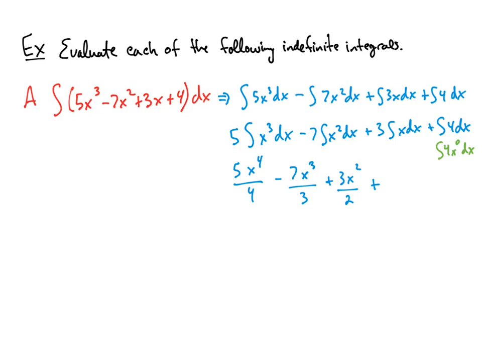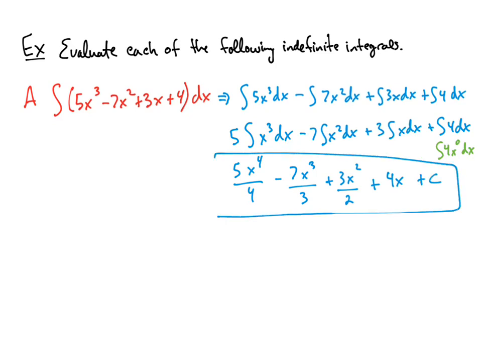So I need to raise that exponent by 1, so it's going to be 4x to the 1st, and then dividing by 1, right? We could write it like that, but raised to the 1st and divided by 1 is inconsequential, so we'll just write it like that, and then we need the constant term. So that is what happens when we take the integral of that function.